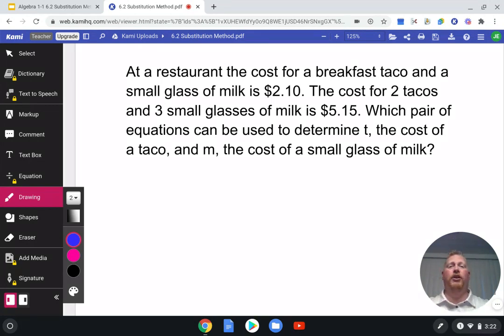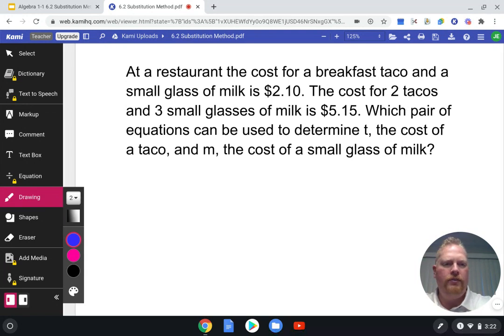Here, the 2 different snapshots are one person ordered a glass of milk and a taco, and it cost $2.10. That we can make an equation out of. And then someone else ordered 2 tacos and 3 glasses of milk, and it cost $5.15. That's going to be another equation. So sometimes that's how they do the snapshots. It's here's what one person did, here's what the other person did. Figure out how much each thing cost.